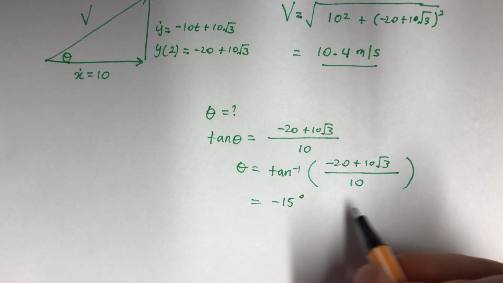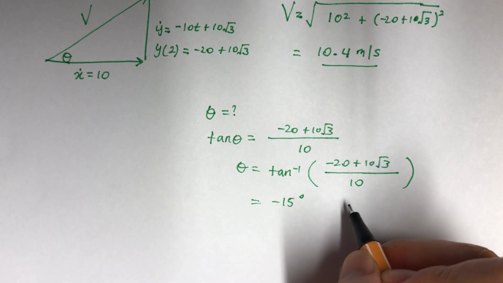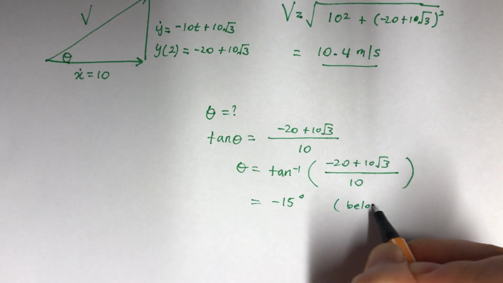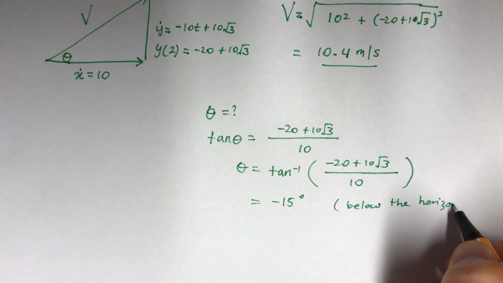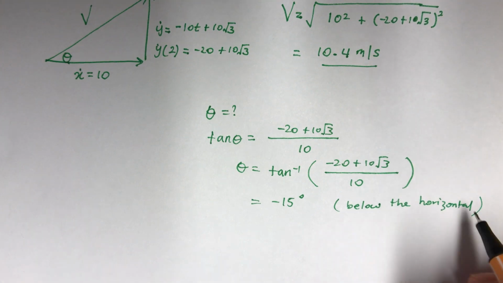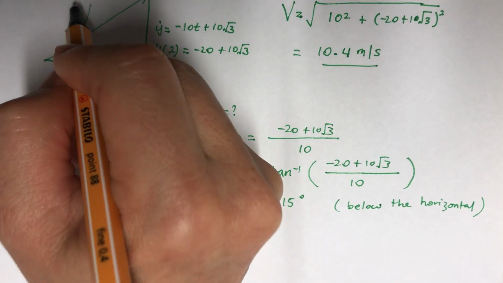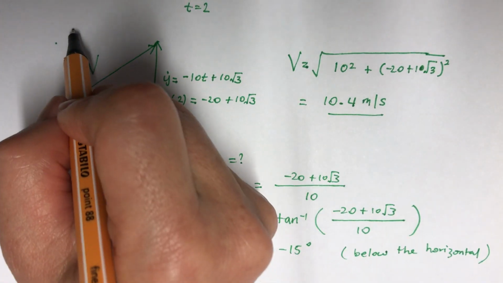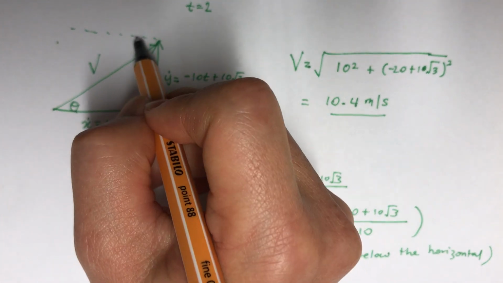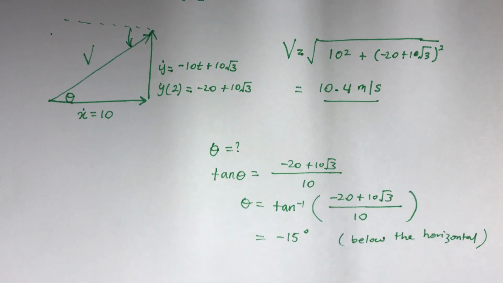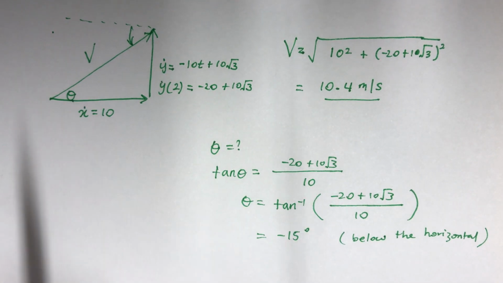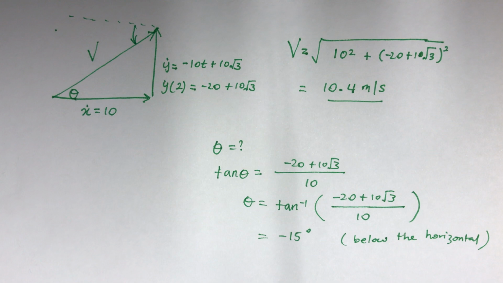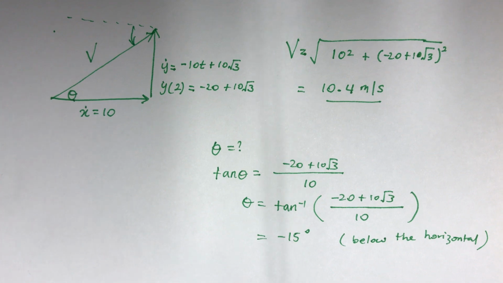Now that means below the horizontal. So it's almost like here. Okay, so that's the minus 15. So that's 15 here. Okay, so the velocity of the particle is 10.4 meters per second, 15 degrees below the horizontal.